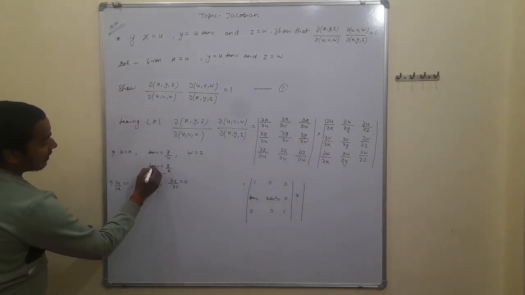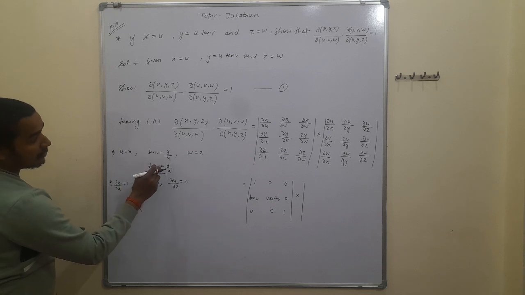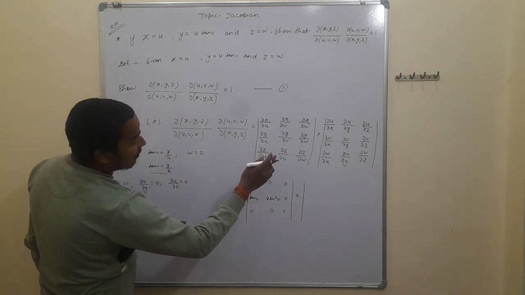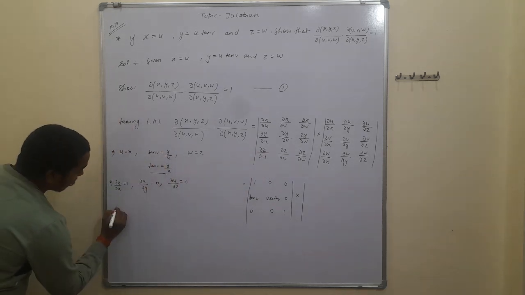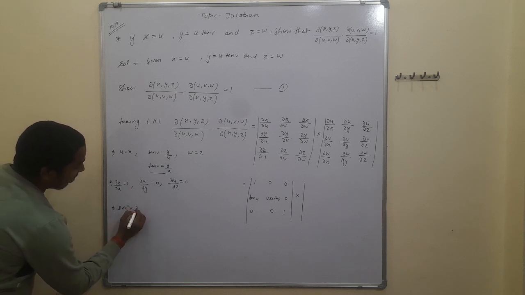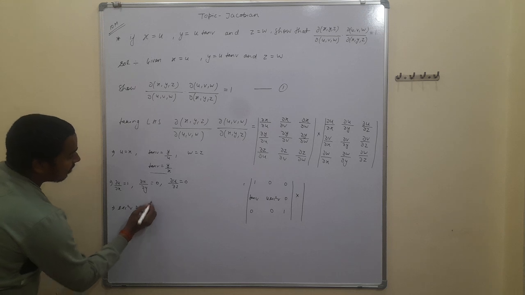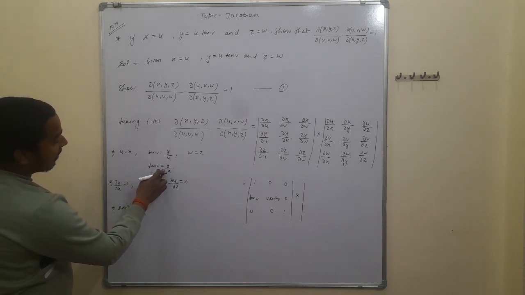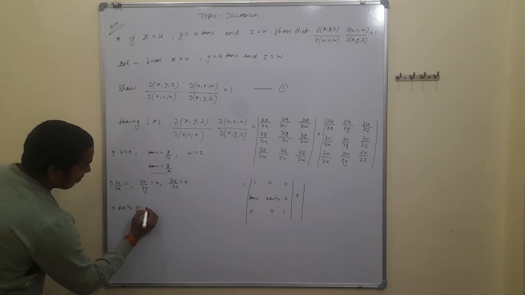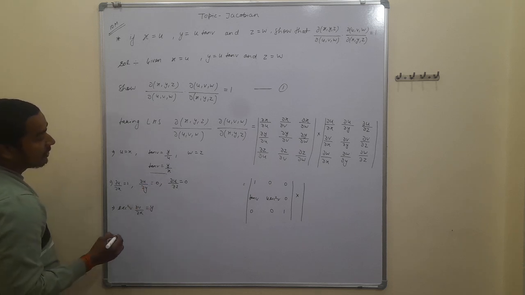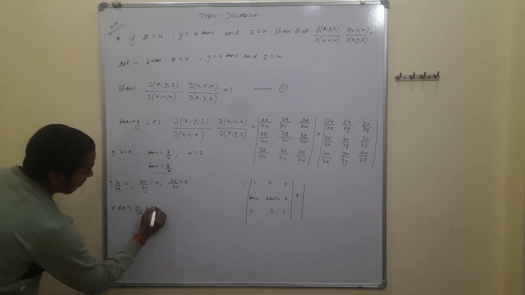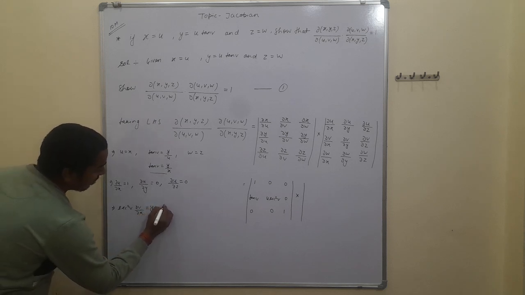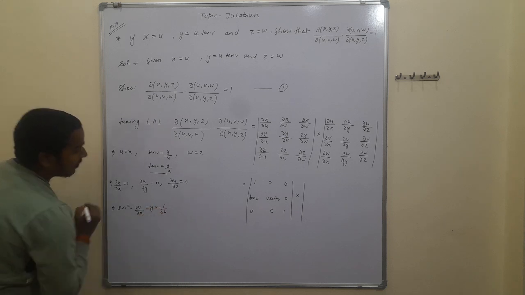Differentiating tan v with respect to x, that is sec square v times ∂v/∂x. Further we differentiate y by x partially with respect to x, y is taken constant, and 1 upon x differentiated partially with respect to x is minus 1 upon x square.